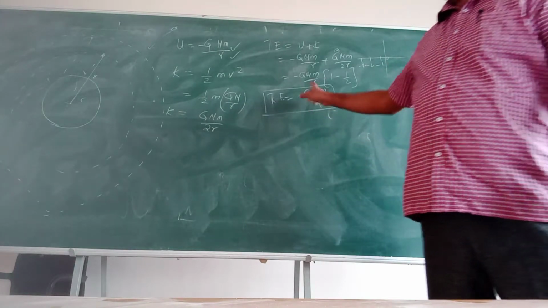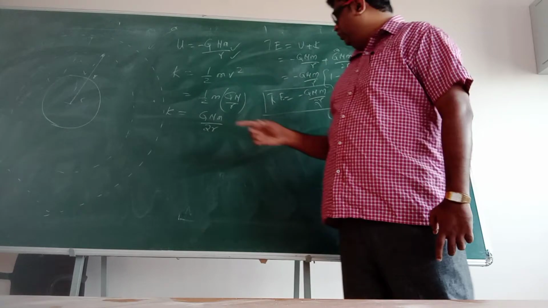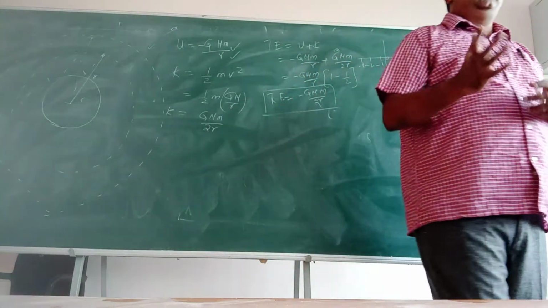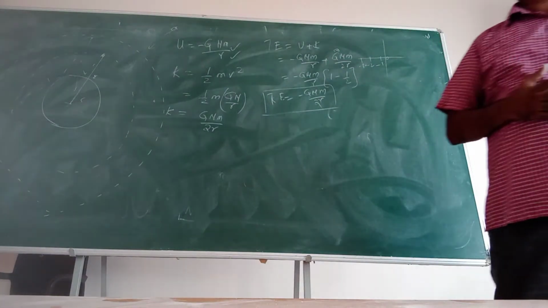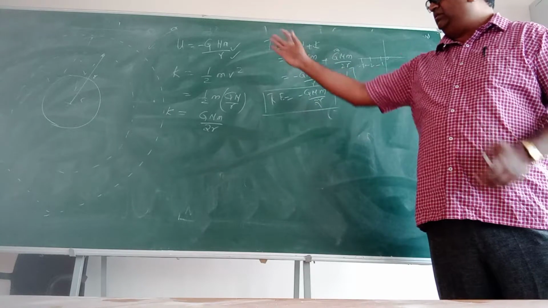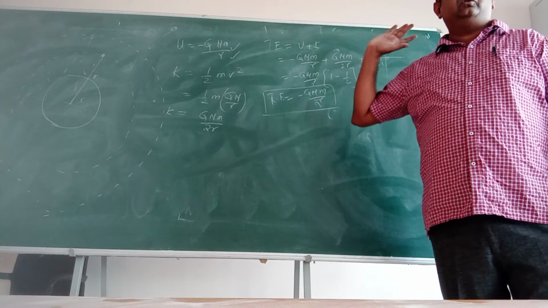Okay. Now, this potential energy is negative. The total energy also is negative. So, can I say like this? In a particular question, they have given you that the energy possessed by the particular satellite in orbit is some minus 5000 joules.